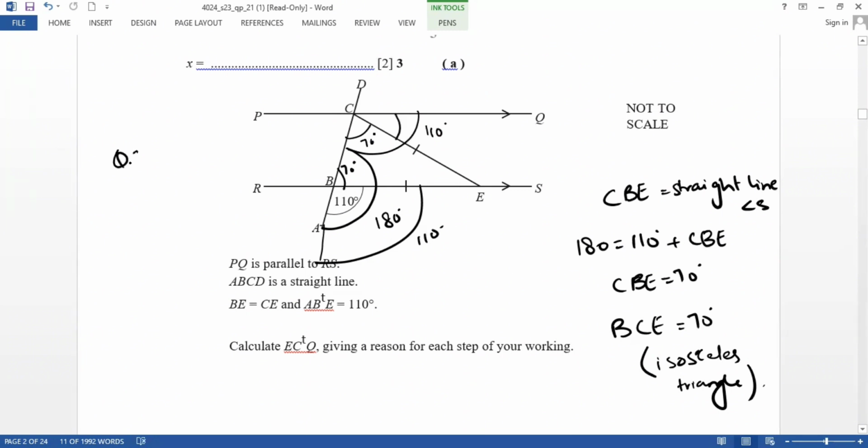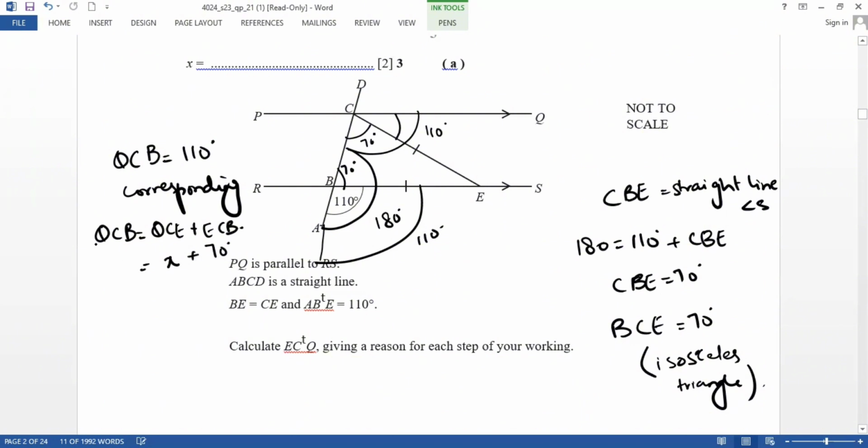As we know that QCB is also 110 because of corresponding angles. So that means QCB equals QCE plus ECB. ECB is 70 degrees, QCE is X, we have to calculate, and QCB is 110. So X will be 110 minus 70, that is 40. That means ECQ is 40 degrees.